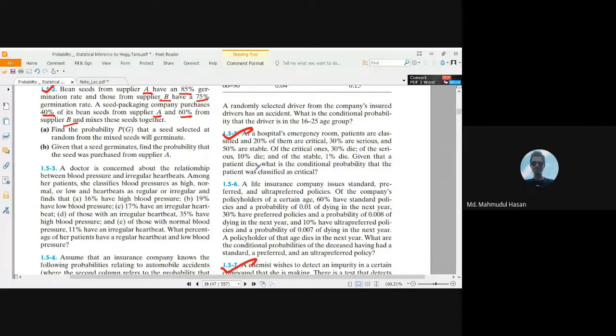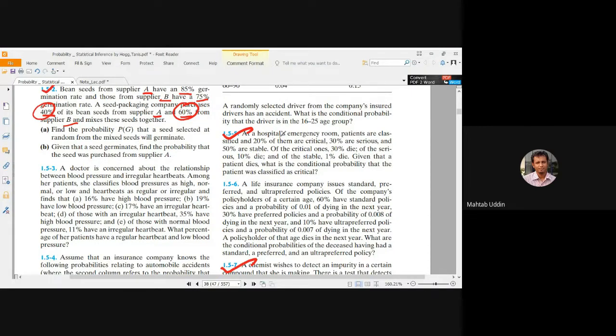So 20% patients are critical, 30% are serious, and 50% are stable. Total 100%, there is no more option.